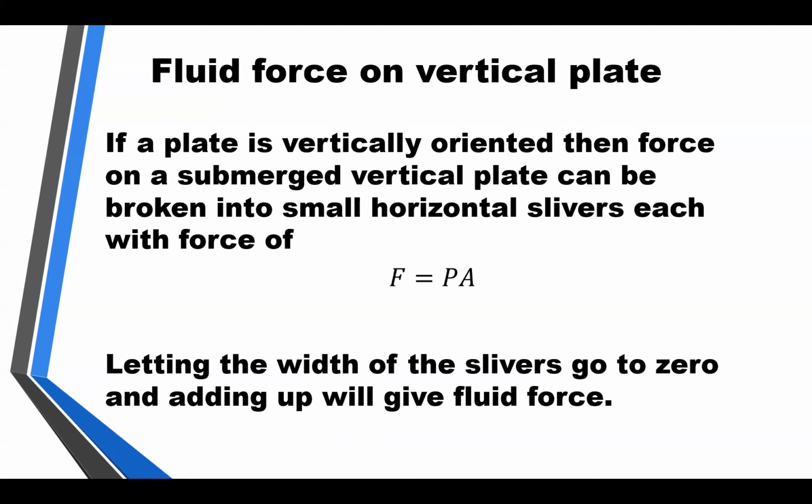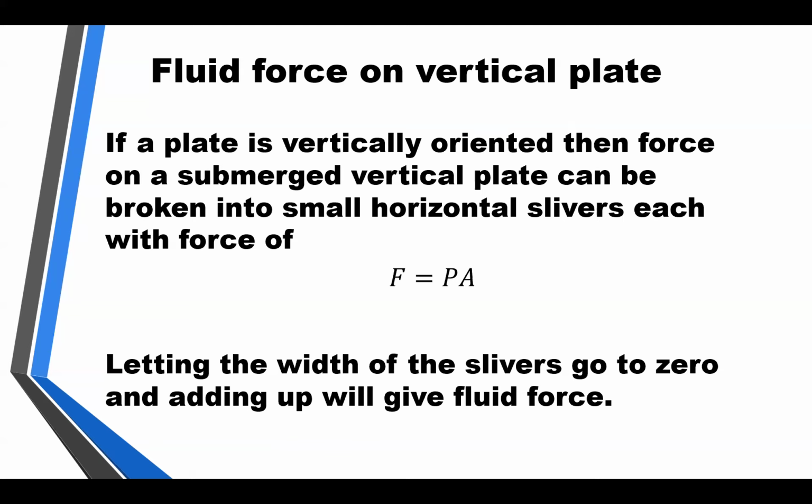So what we're going to do to find the fluid force on a vertical plate is break up that vertical plate into really small horizontal slivers, and the force applied to each one of those horizontal slivers is going to be pressure times area.